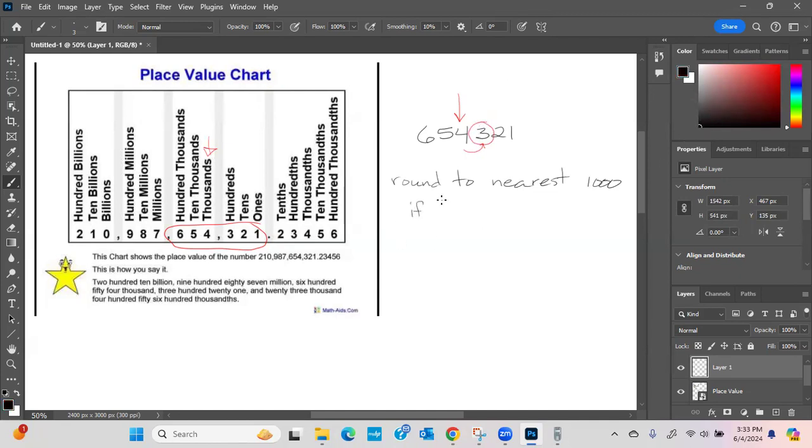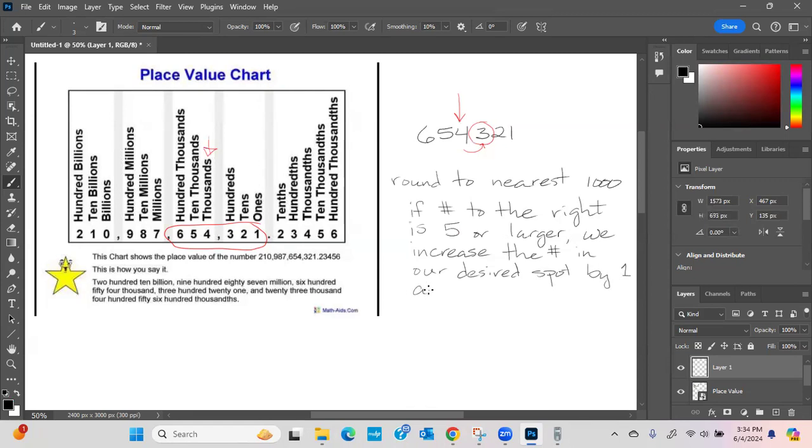If the number to the right is 5 or larger, we increase the number in our desired spot by 1 and change the rest to zeros.